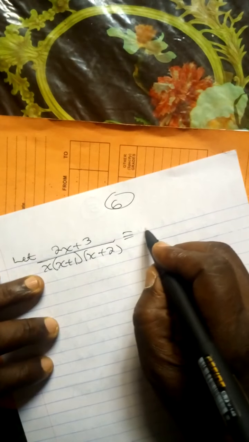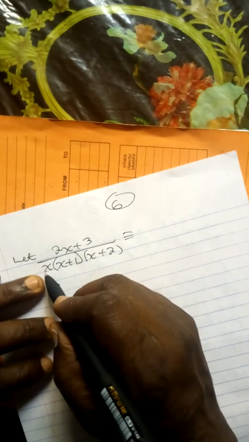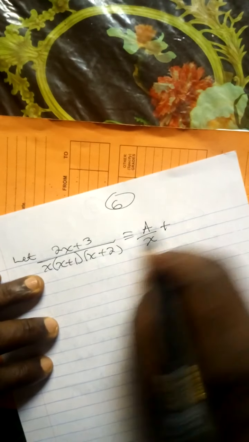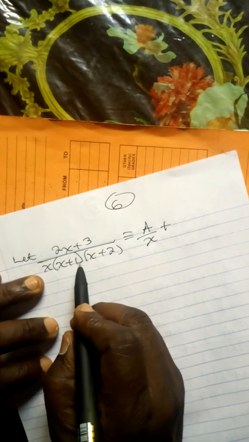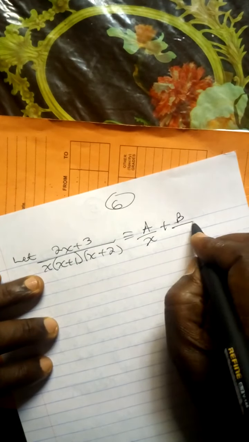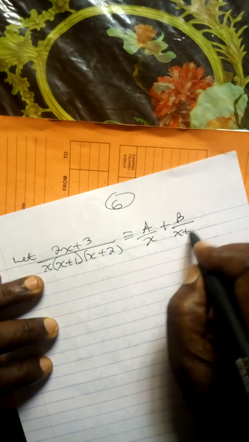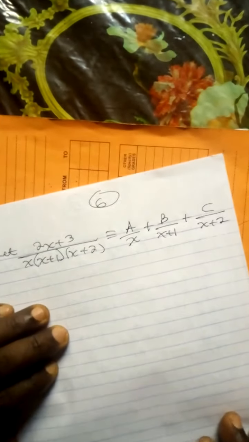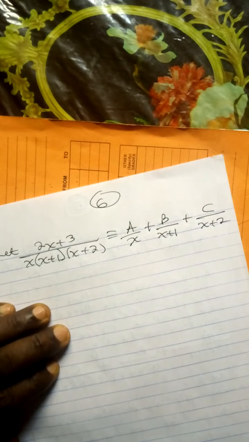Denominator x will now be, the partial fraction will be of the form A over x plus, then the second factor in the denominator, which is x plus 1, that will be B over x plus 1 plus the third factor in the denominator, that will be C over x plus 2. I'm applying that to rule number 3.